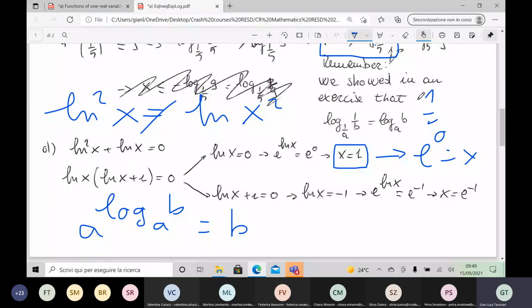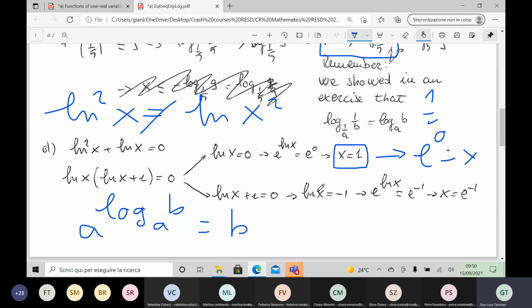Look at the second equation. Set this term equal to 0. What do you have to do? First, put the 1 in the second-hand side and change the sign. Then again, we can solve it in two ways, as we did above. So I explain both ways again. You want to isolate x, but here x is in the argument of the logarithm. How can you isolate x?